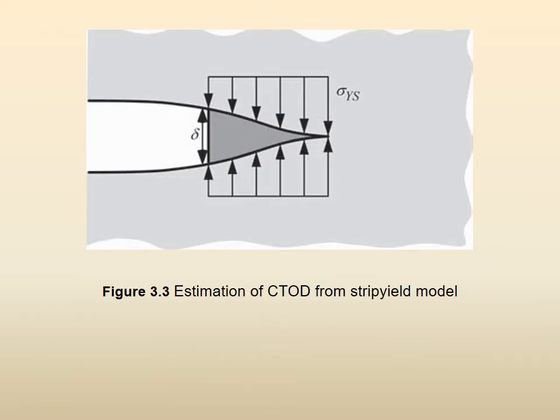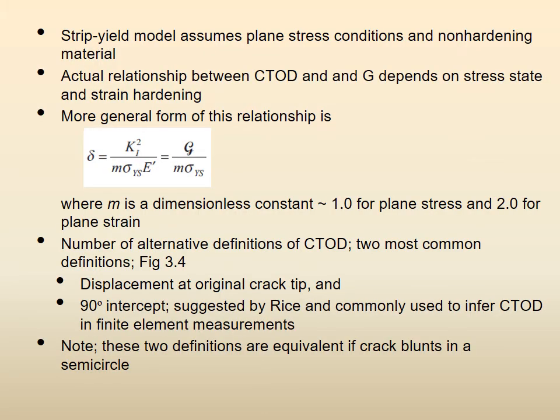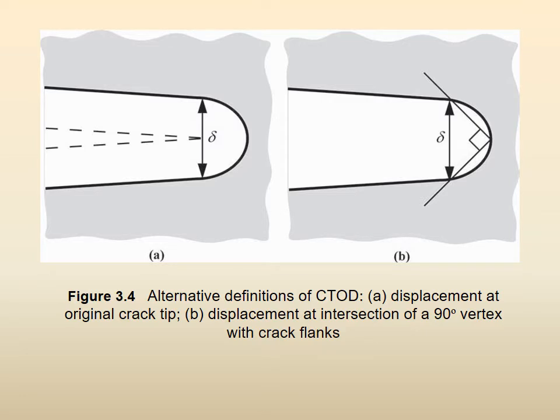We are showing the strip yield model and delta in comparison with that, and the equation. And we are now giving you two different geometrical definitions of how to define delta, as the diameter of a semicircle or as a 90-degree intercept.